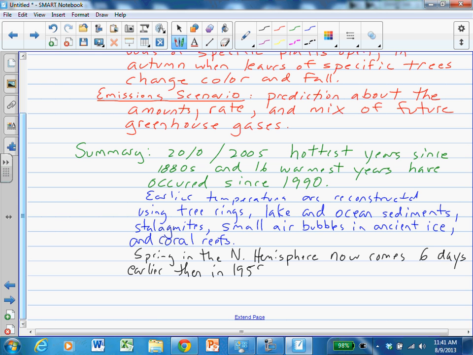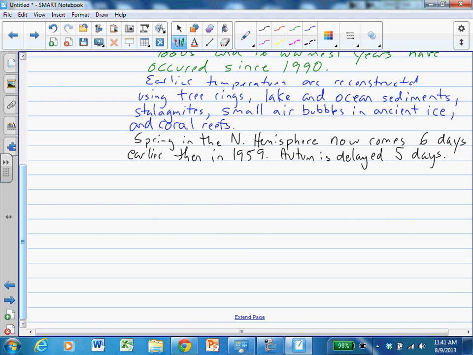Autumn is delayed 5 days. The U.S. has experienced an increase in the frequency of extreme heat stress events.